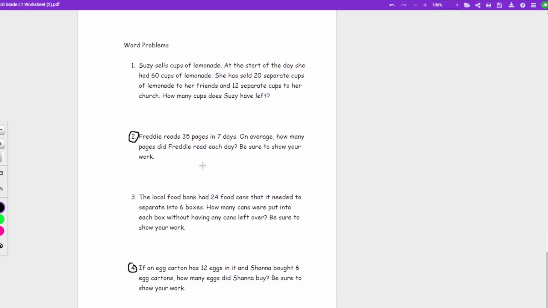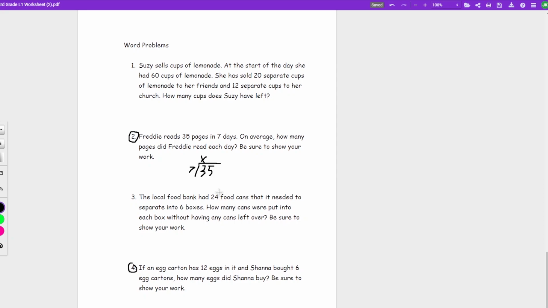So, 35 divided by 7. Well, how many 7's going into 3? Well, they don't. No 7's going into 3, so we're going to just put a little X on there. And how many 7's going into 35?